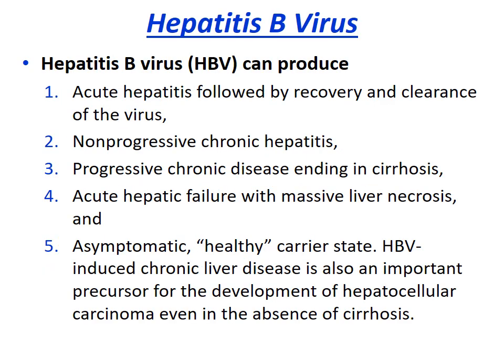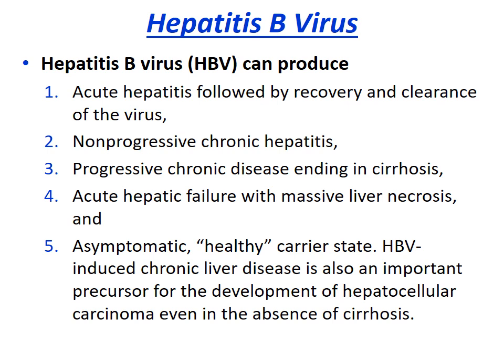Hepatitis B virus can produce acute hepatitis followed by recovery and clearance of the virus. It can produce non-progressive chronic hepatitis. It can produce chronic disease which is of progressive type, and which will end in cirrhosis.